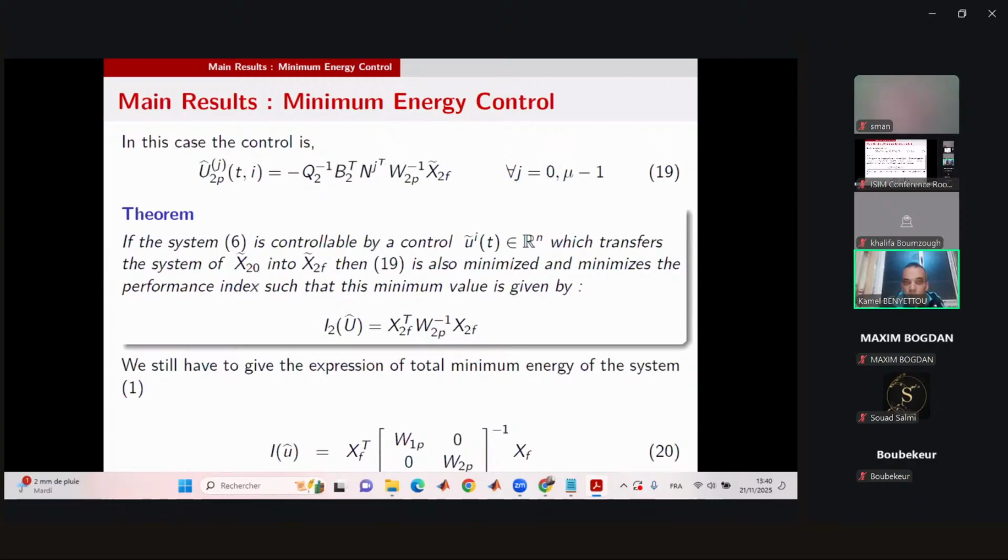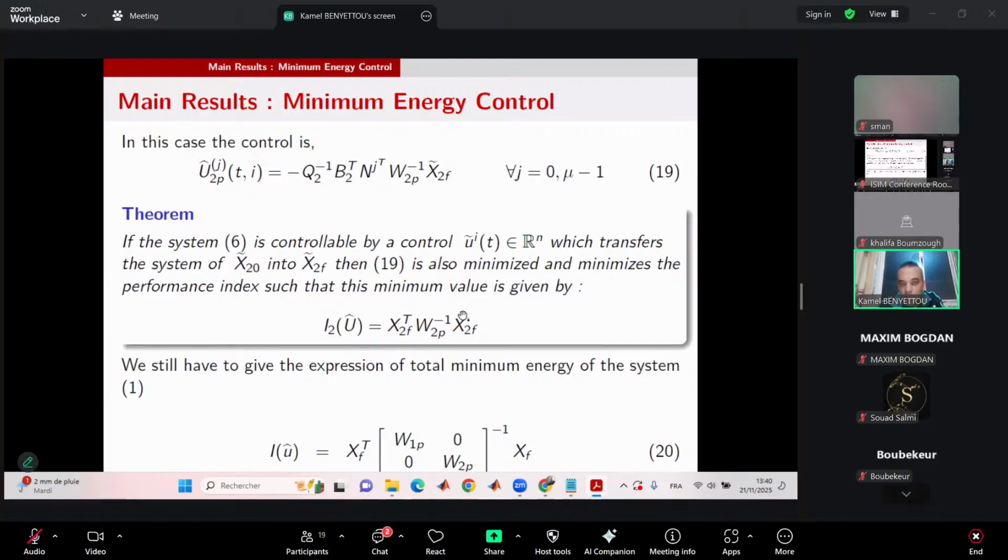And finally, before the final result, I will present the optimal vector, which gives us the minimum energy diffused by the subsystem 6. It's given by equation 19. And the minimum value of the second subsystem is given by the following theorem.